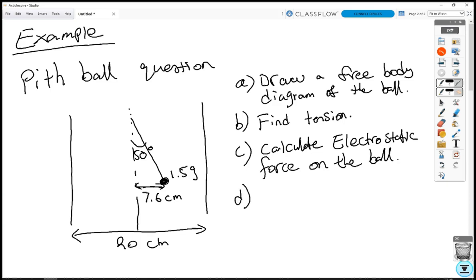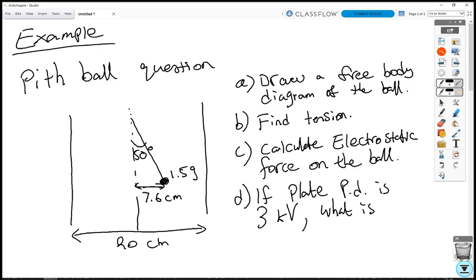And part D, if the plate potential difference is 3 kilovolts, what is the charge of the ball?